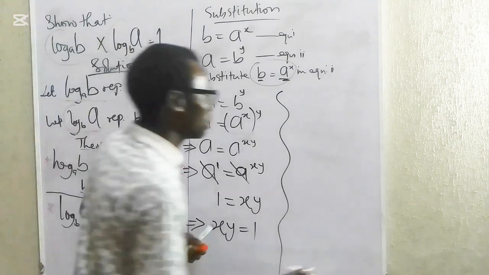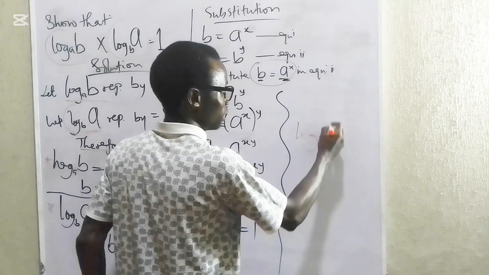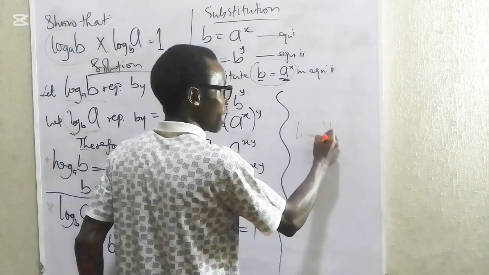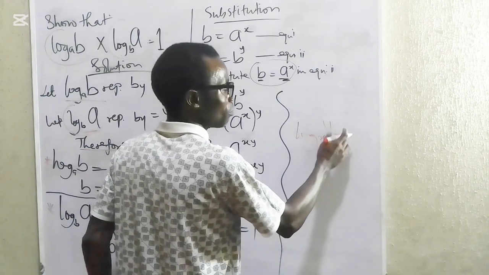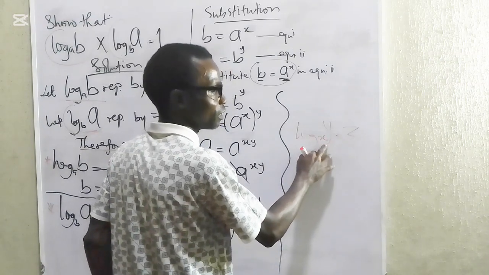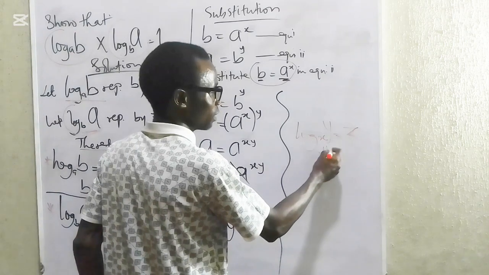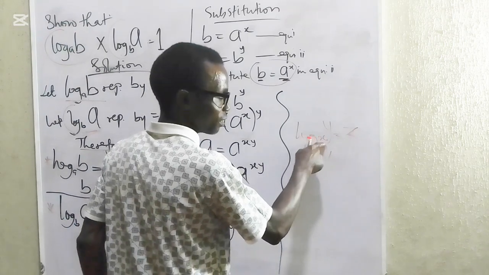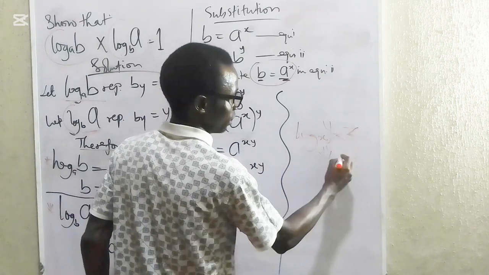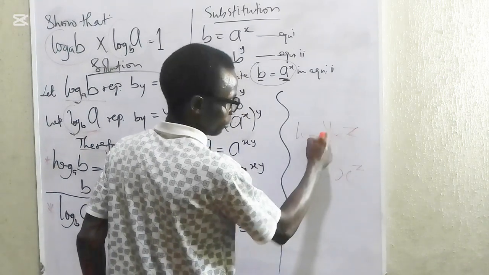In other words, if the log of y in base x equals z, then z is the number of times the base will be raised to give that number. So the base x is raised to the power of z to give us y.